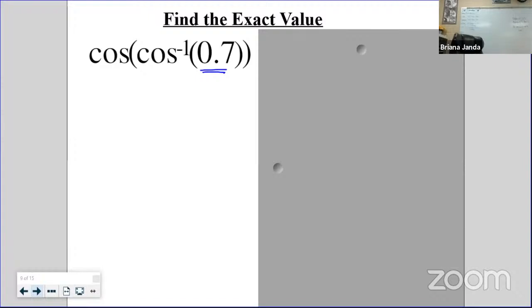And then we would undo that with the cosine and we would just get 0.7. You just have to be careful that it actually works for both of those values. And especially in this direction, we don't have to be as cautious because you don't have those domain and range restrictions on cosine. But we do on inverse. So if it had been flipped, we'd hesitate even more on that.